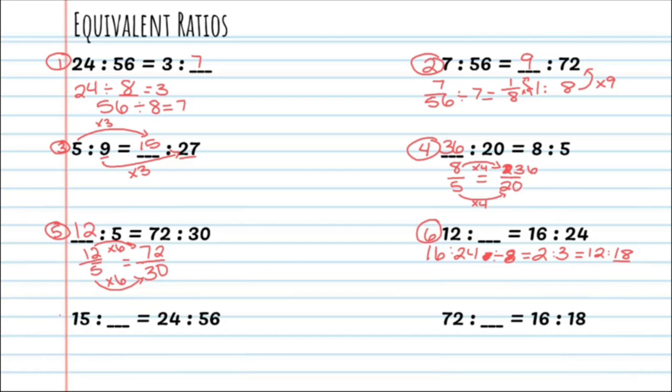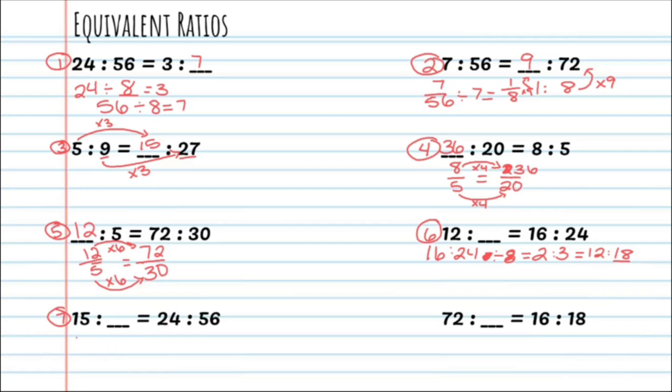All right, let's come down here to number 7. We have the ratio of 15 to what is equal to 24 to 56. Just like we did up here with number 6, we know that this is not the simplest form and we can't easily turn 15 into 24.